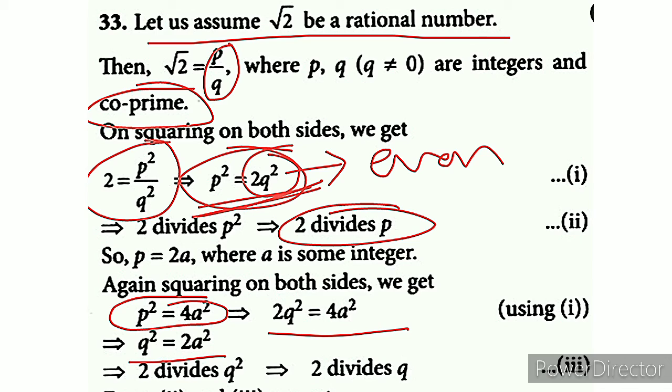It means 2 divides q square, or the square of integer q is an even number. It means that q must also be an even number, because the square of only even numbers is even. So let's move a little further.